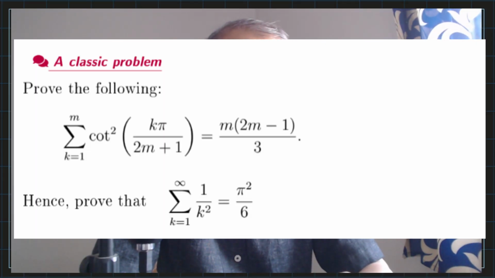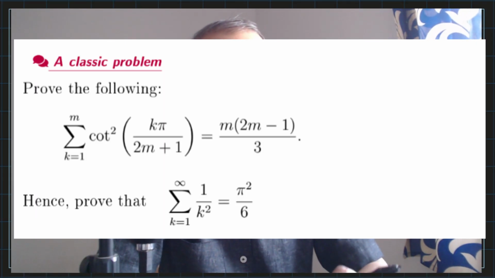Sometimes in mathematics, the most beautiful results are hidden behind expressions that look almost intimidating at first glance. Today's problem is one such classic. We are asked to evaluate a finite sum involving cot² x at very specific angles.